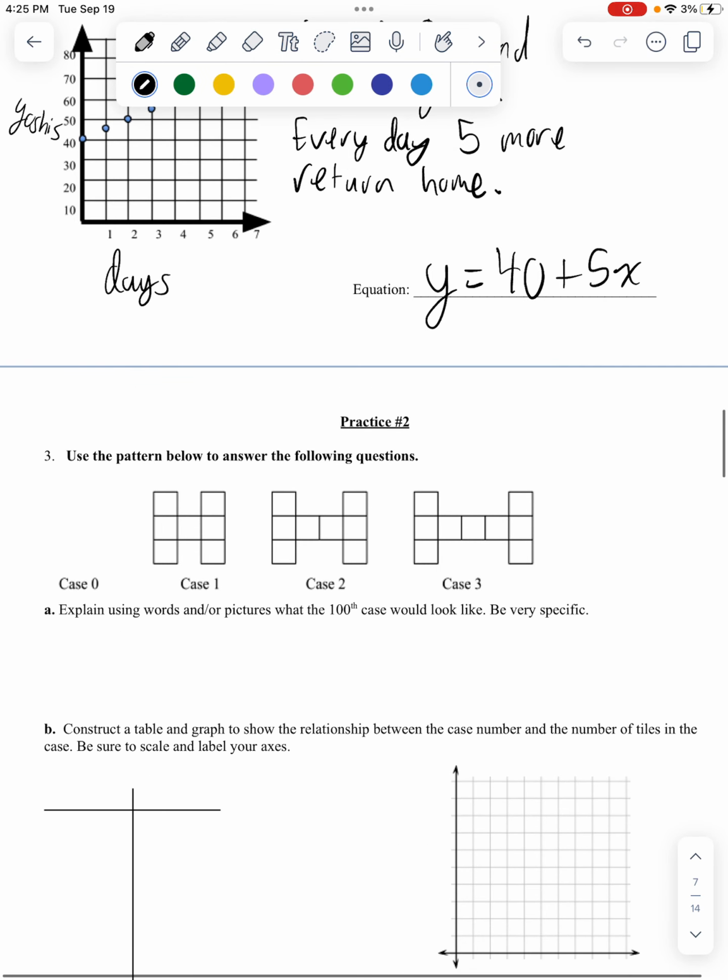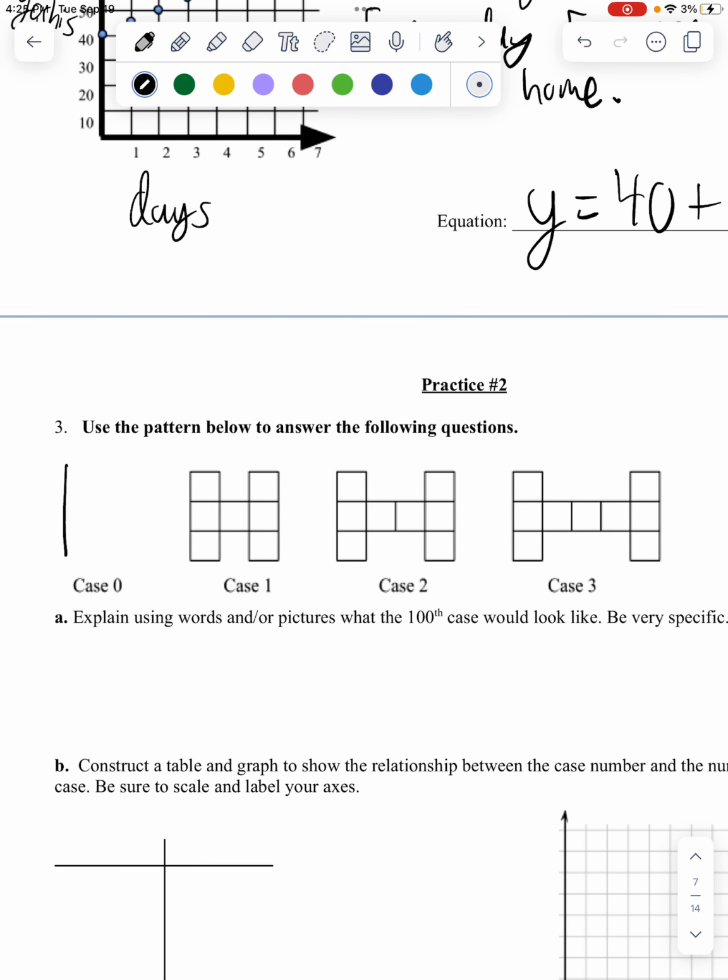This is also true when it comes to these problems. So we have a case 0 here. I always draw case 0 first. And notice that every single round, they're just getting another block in the middle.